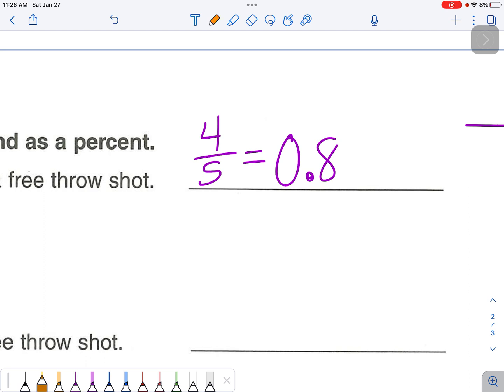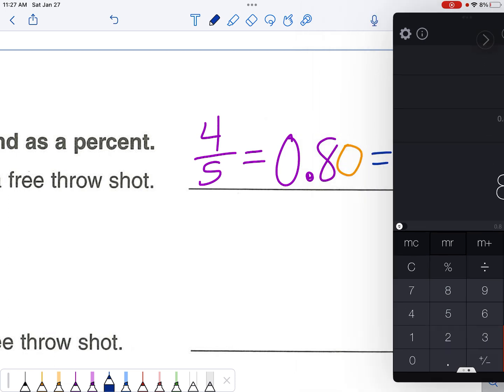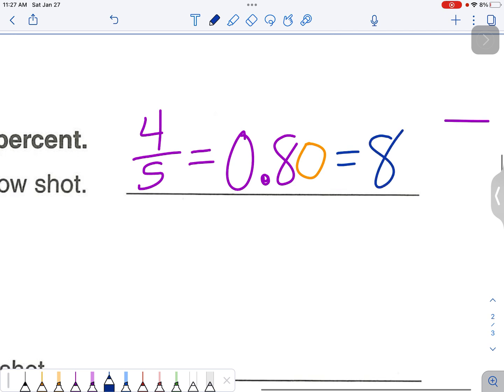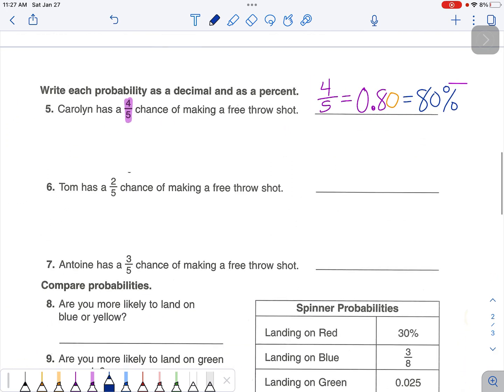Remembering that I can just throw in a 0 at the end for 2 digits, or I can multiply by 100. Gets me to 80%. Should be a pretty big number. 4 is almost 5. They're pretty close. So that's how you do 6 and 7.